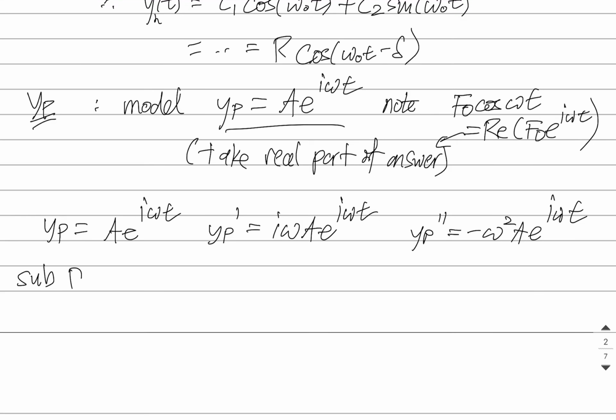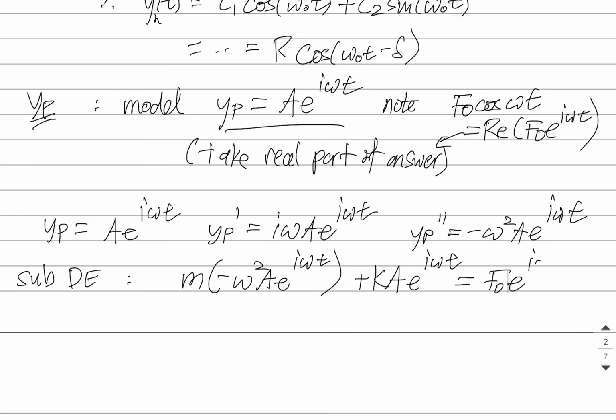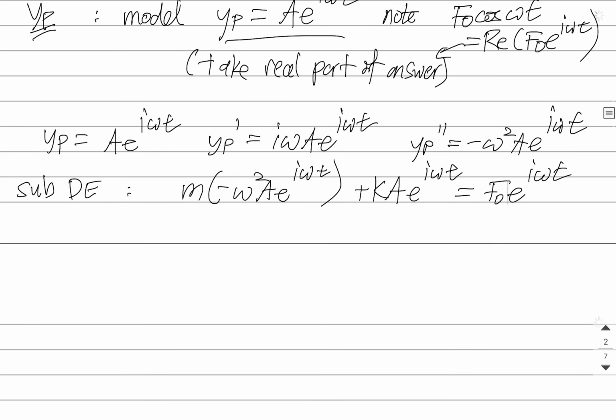So we're going to sub this into our differential equation, and we'll have m times y prime, so i omega t plus ky, i omega t is going to be equal to our f naught e to the i omega t. So remember, we're trying to figure out what the value of a is that will satisfy this differential equation.